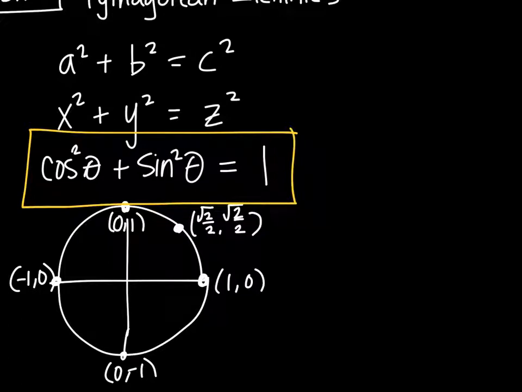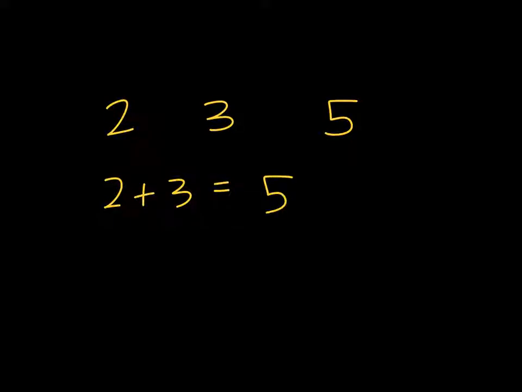Now, using the following three numbers, make me a math statement that is true. 2 plus 3 equals 5. Can somebody make me another true statement using the same three numbers? 3 plus 2 is also 5. That's the commutative property.